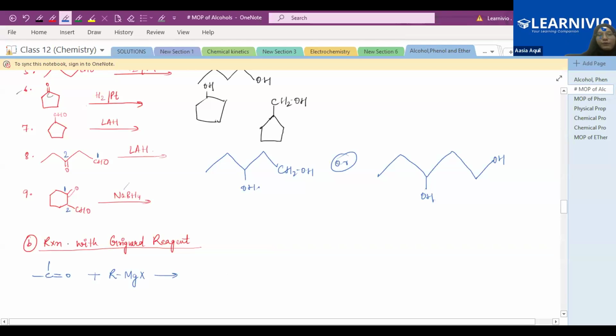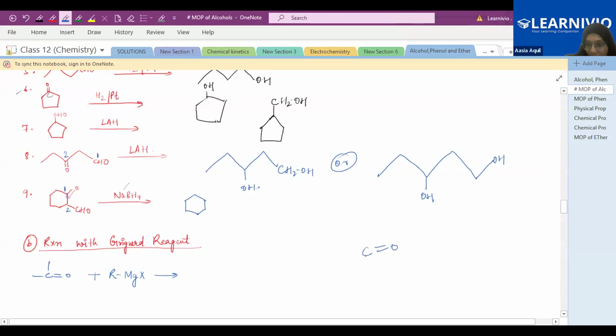We are using sodium borohydride, and you know very well sodium borohydride will reduce a carbonyl compound, means aldehyde as well as ketone, right? So this is a ketone CO group. First you should be able to identify which group is present in this molecule. This is a ketone CO group. So the CO group will be reduced to alcohol. This is your CO bond. Simple mechanism, I explained earlier.